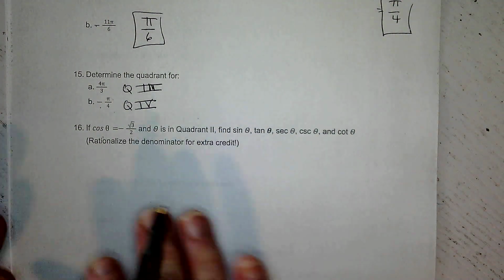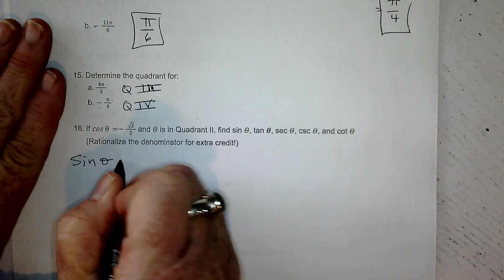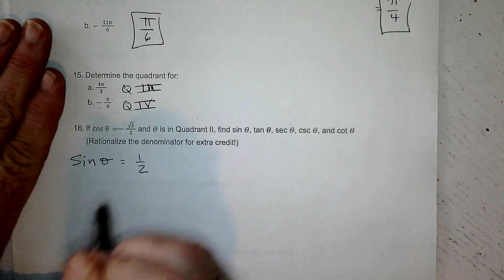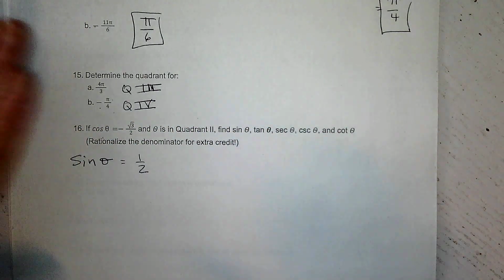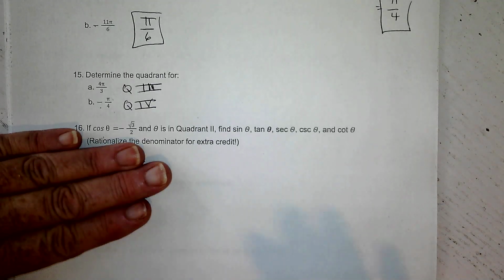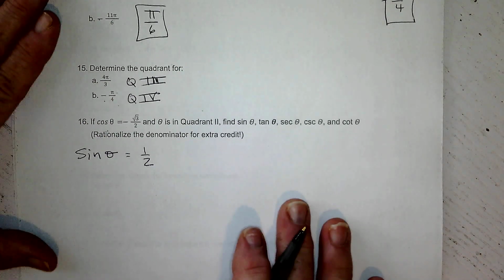There you go. That's because this was given to you. So my sine of my angle, which is 150 degrees, is equal to 1/2. If you didn't know that, if you didn't have access to your unit circle, you do have access to the Pythagorean identity. Okay, so you could have used that. But in this case, it's so much simpler.